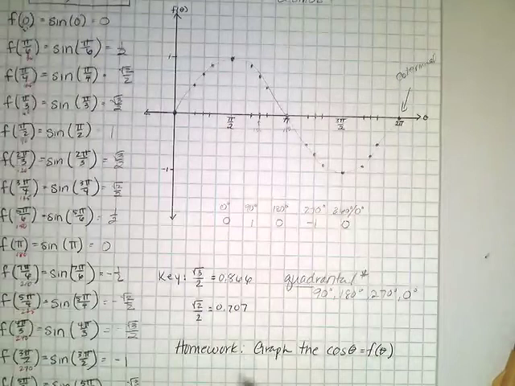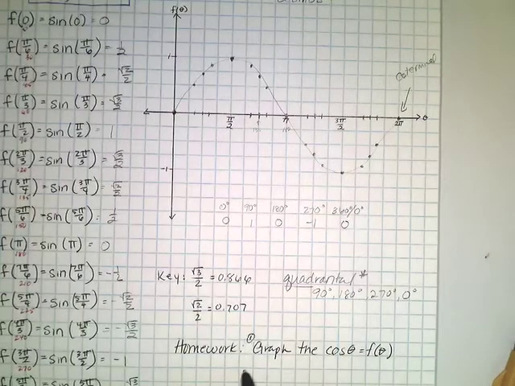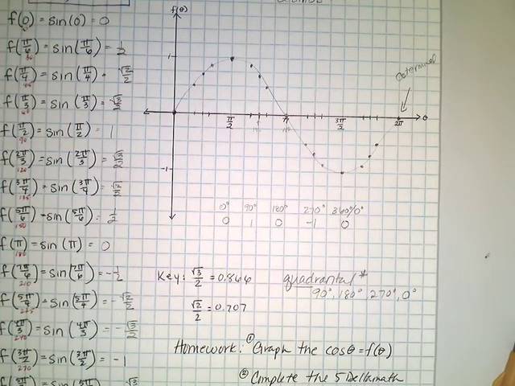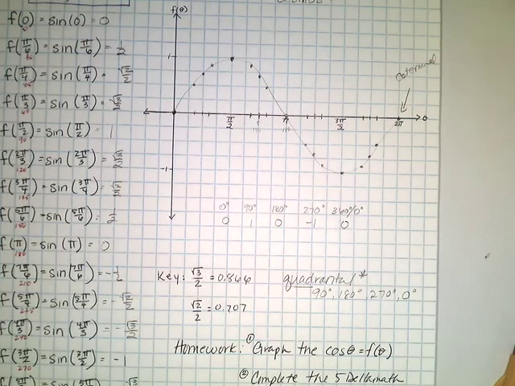So that's task number 1, and then also complete the 5 Delta Math questions. Now, I will give you a heads up on the Delta Math questions. They are more of a preview, what we call discovery of manipulations that we're going to be playing with the cosine and sine curve.